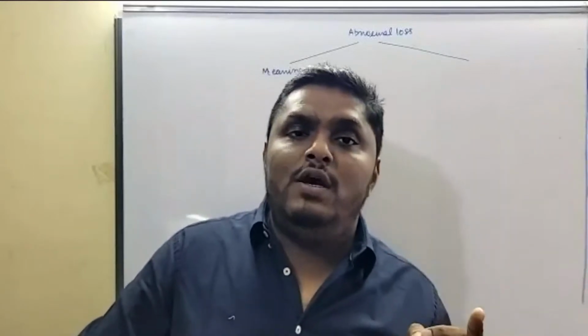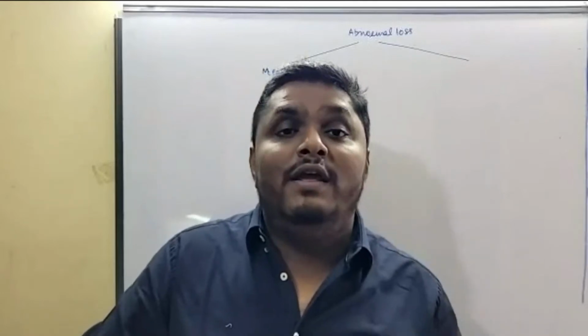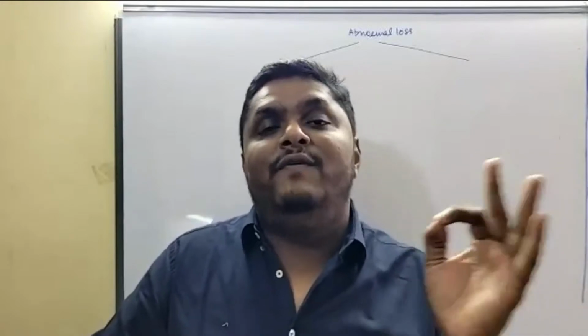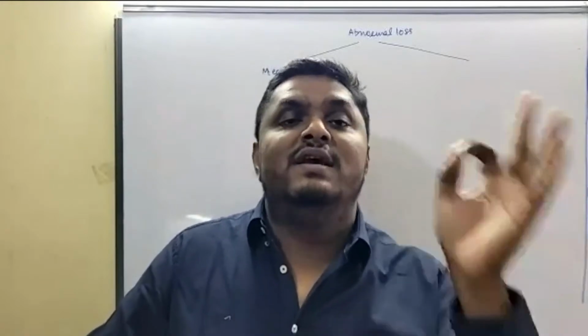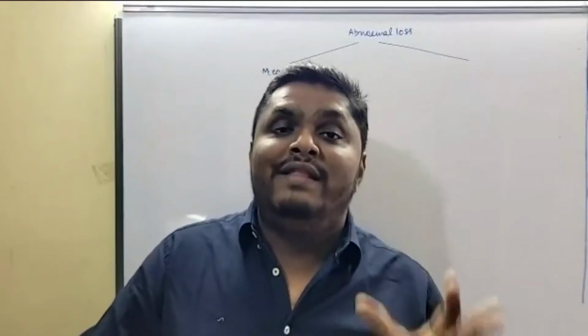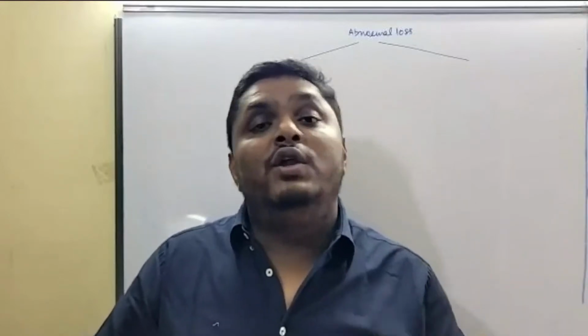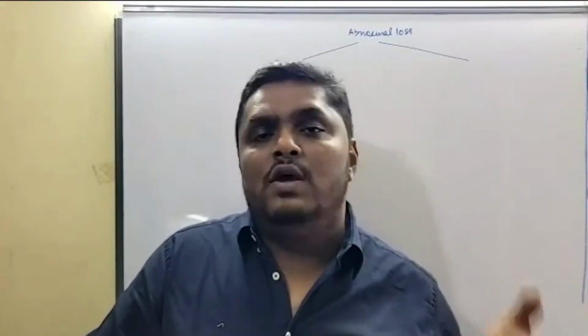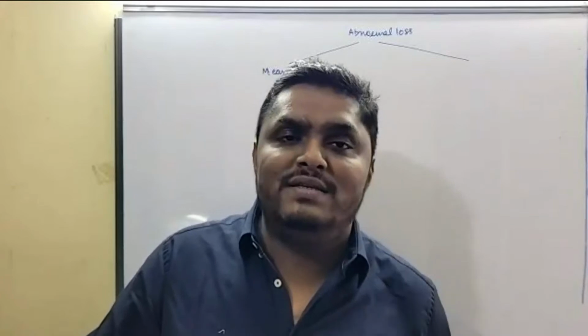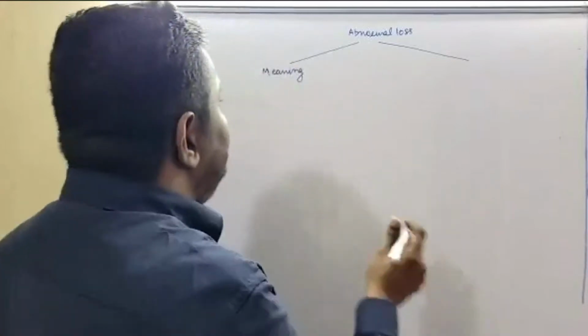This abnormal loss we can avoid if we are taking proper care and suitable measures. This abnormal loss occurs due to carelessness of workers or due to bad plant design or due to abnormal reasons. So what is abnormal loss, guys?